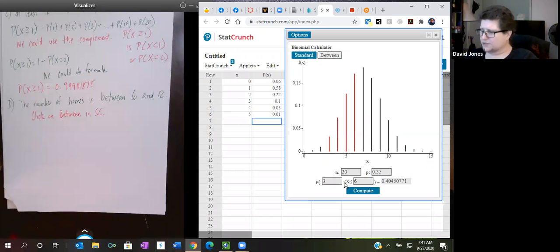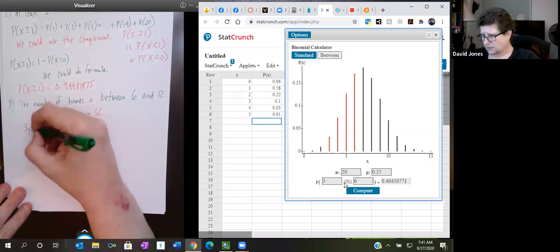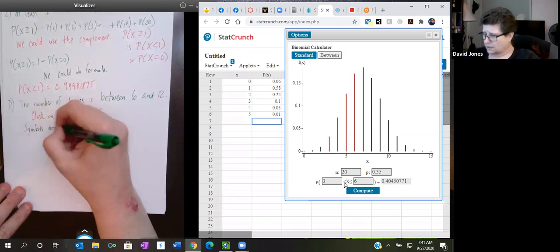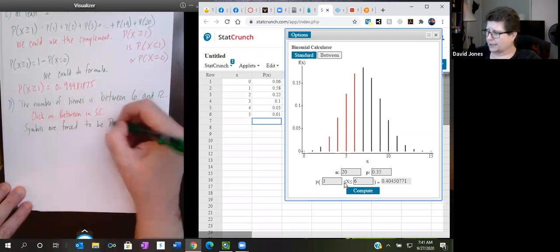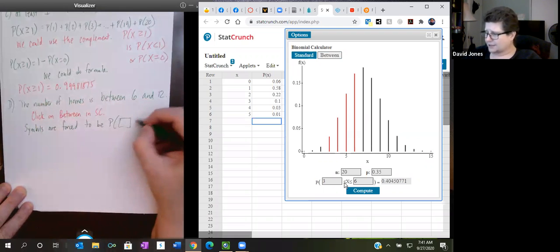And the symbol is forced to be probability of blank less than or equal to X less than or equal to blank.